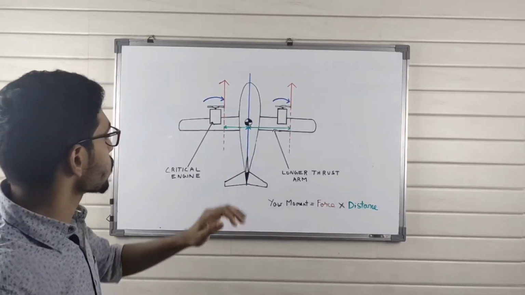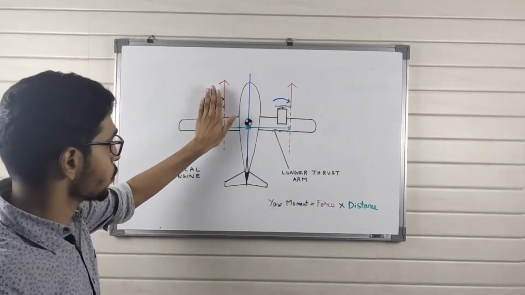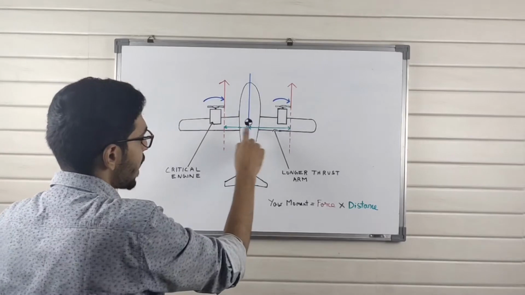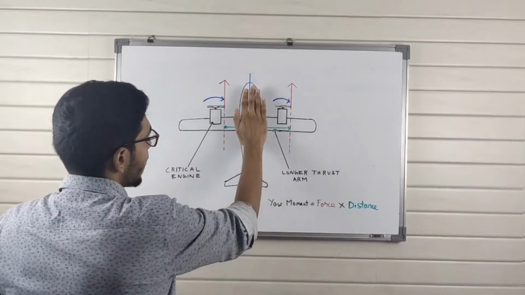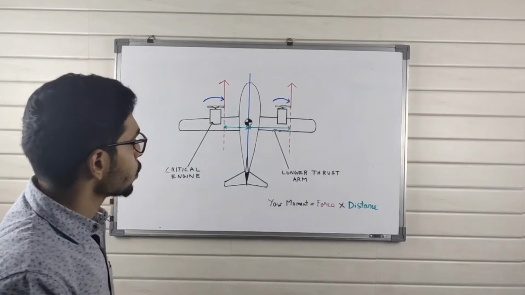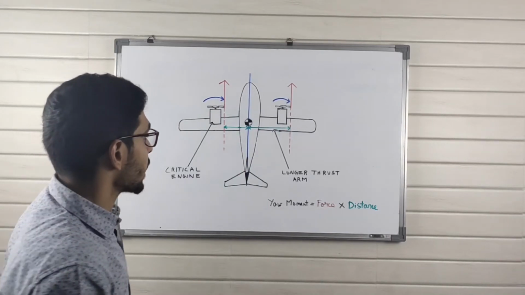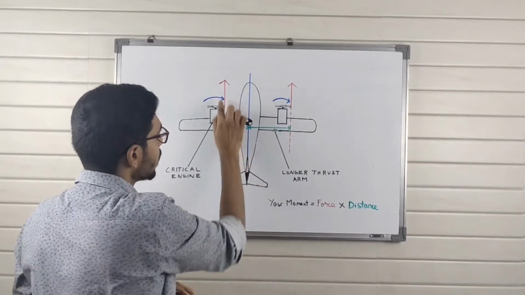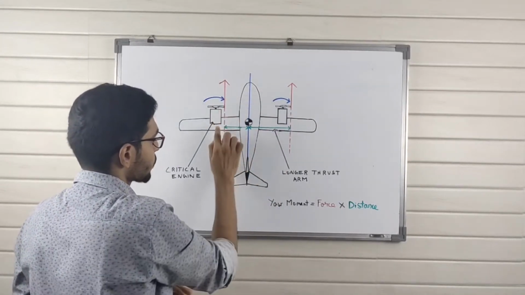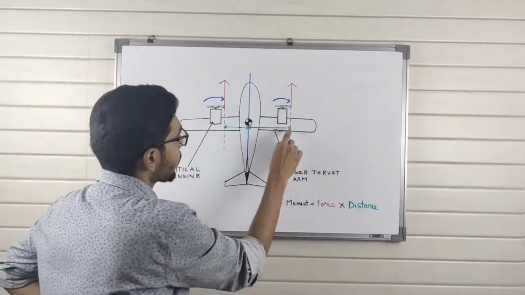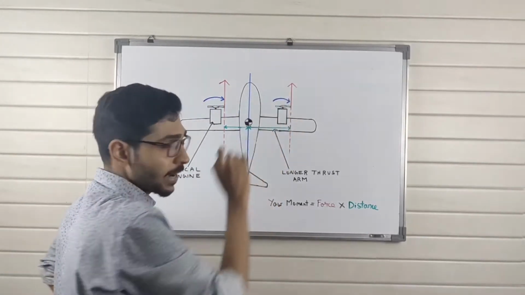If this engine fails, the yawing moment here will be 0, but you will still have yawing moment here and the aircraft will yaw to the left. So in case this engine fails, the yawing moment here is lesser, and in case this engine fails, the yawing moment here is greater.